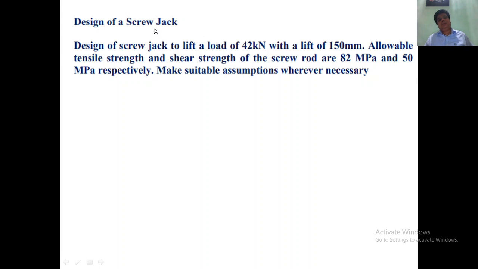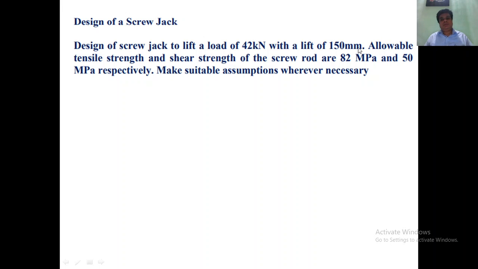Usually the examination will ask you to design the screw jack with some load and lift given, and the material strength properties given with respect to tensile strength and shear strength. Here the allowable strength is already given, so there is no need of a factor of safety.